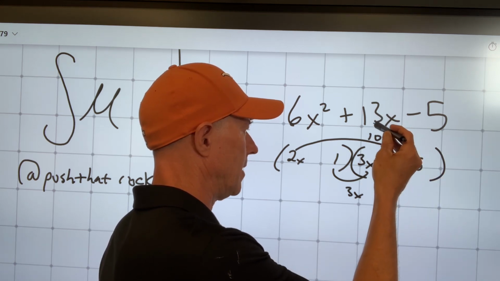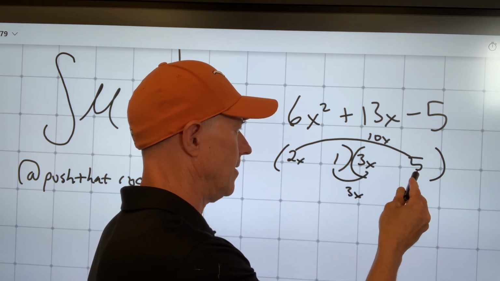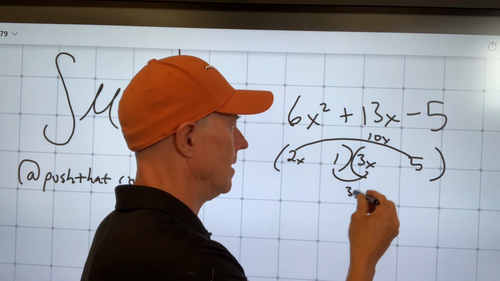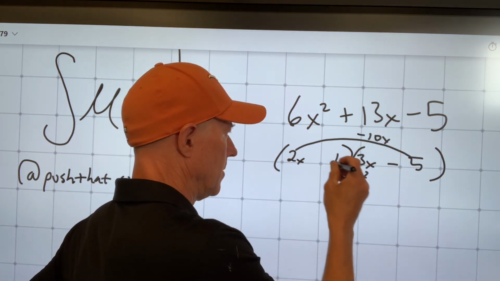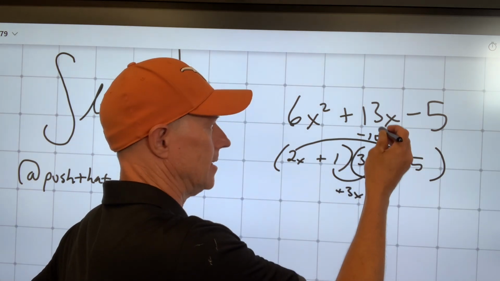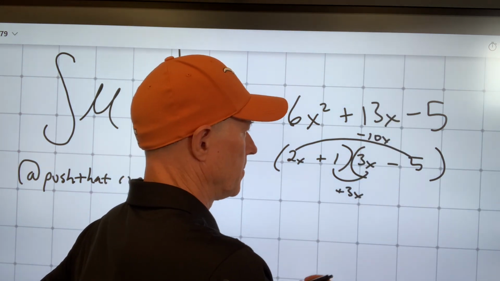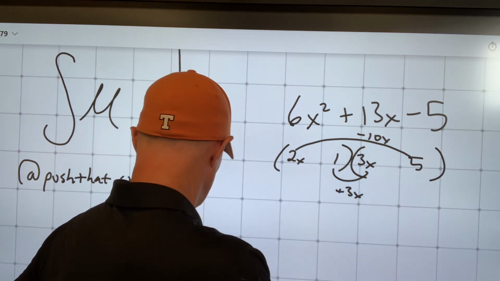So I'm not going to get a positive 13. I don't like the 1 and the 5 here. If I put a negative here, this is negative, and a positive here, this is positive. A positive 3 and a negative 10 is not 13. If I put a negative here and a positive there, it's still not going to work.